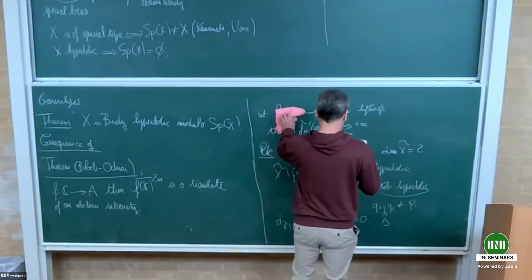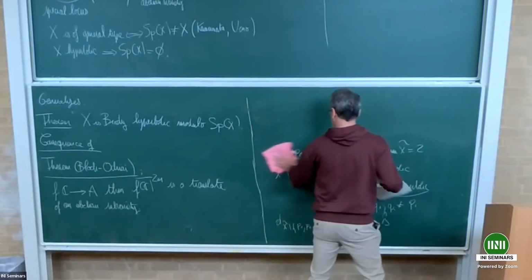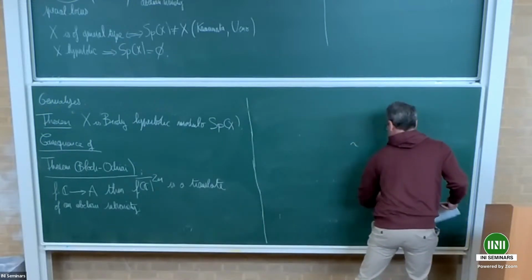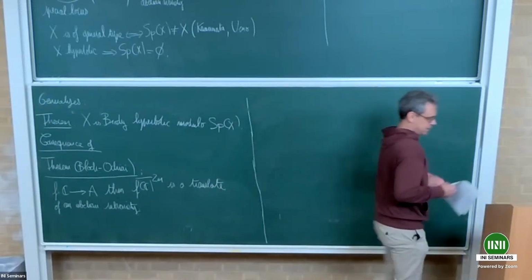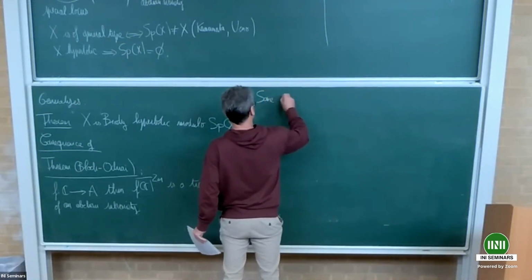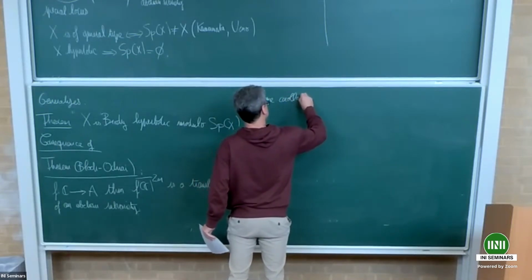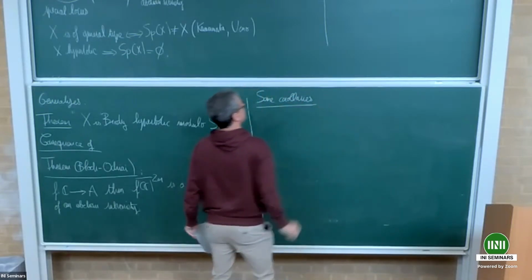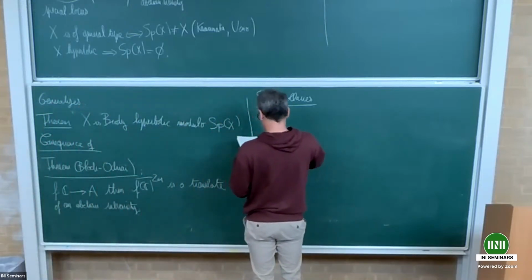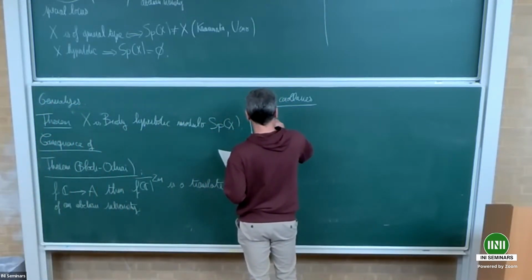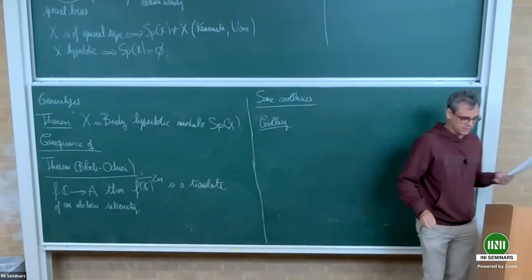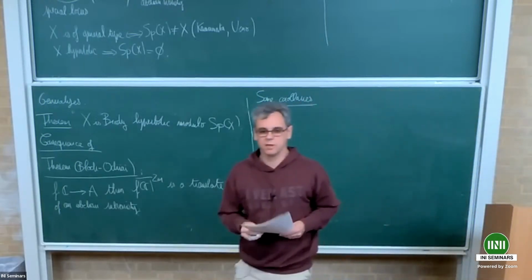So maybe before entering proofs, a few corollaries of Yamanoi's result, which are kind of striking. Then you have a proof of the Green-Griffiths-Lang conjecture for subvarieties of Abelian varieties.